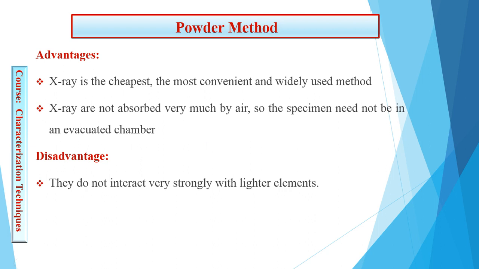Usually we use the chamber in air, because the X-rays are not deviated by the air. It is collimated, it is straight, and it can fall on the sample to study the diffraction and their different parameters.